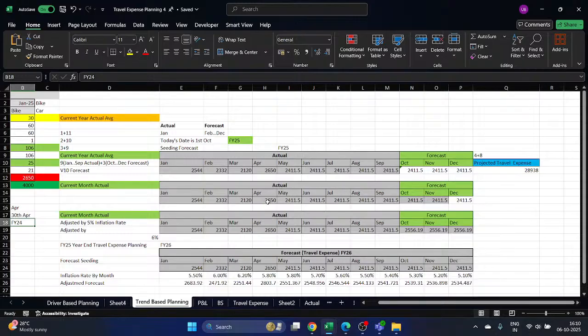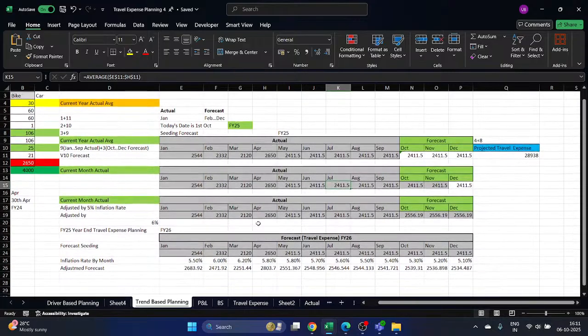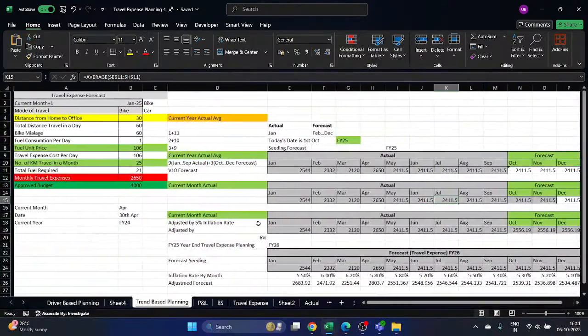The 4 months of actual are till here, and the remaining 8 months are forecast. Actual data and forecast data are quite different. You can see that the forecast data is fixed, 2411, 2411, the same applied till December, but the actual data is quite different, and the difference is known as variance.